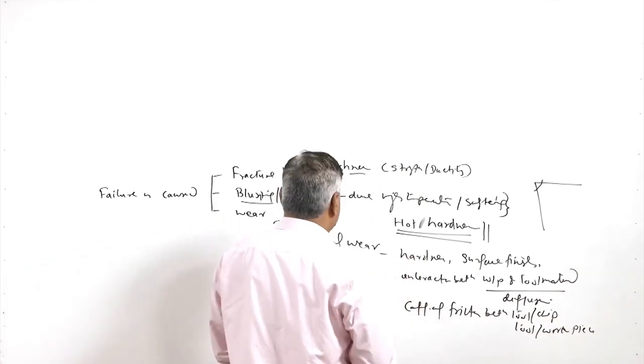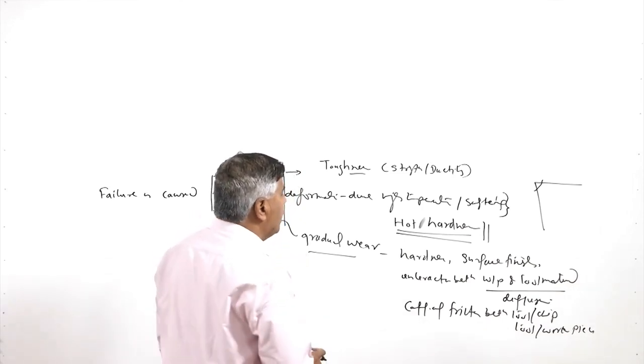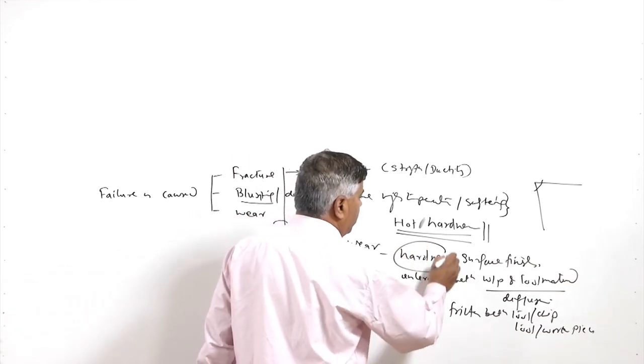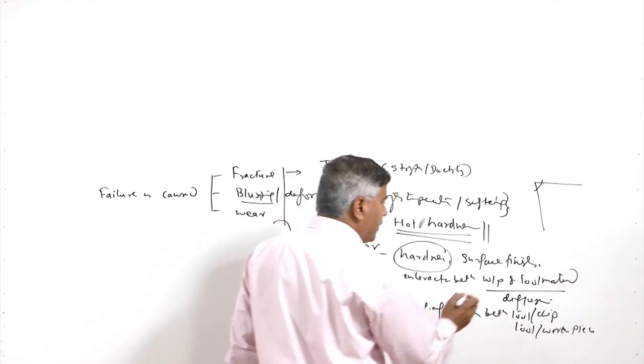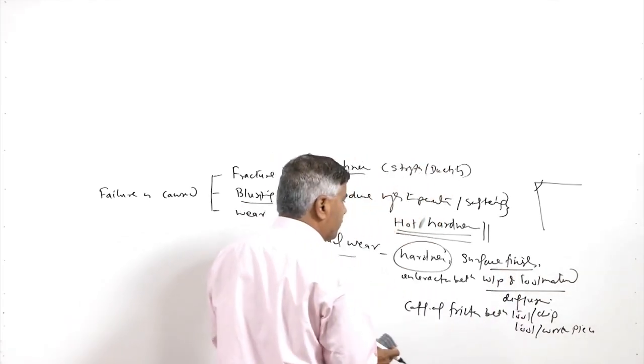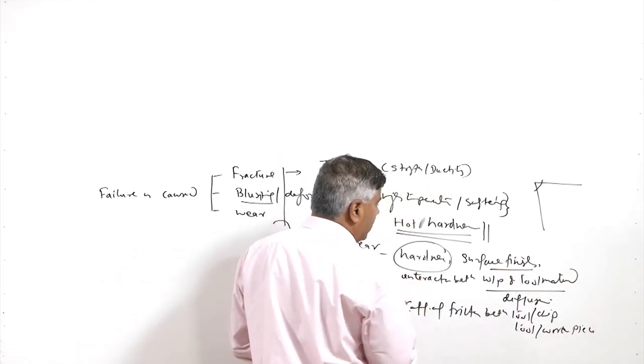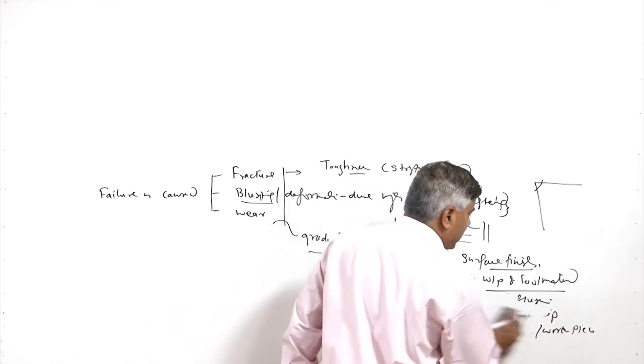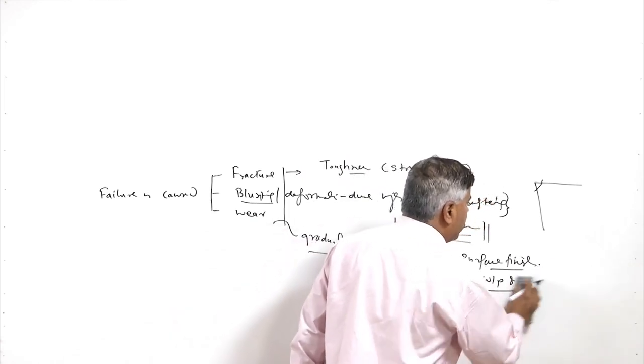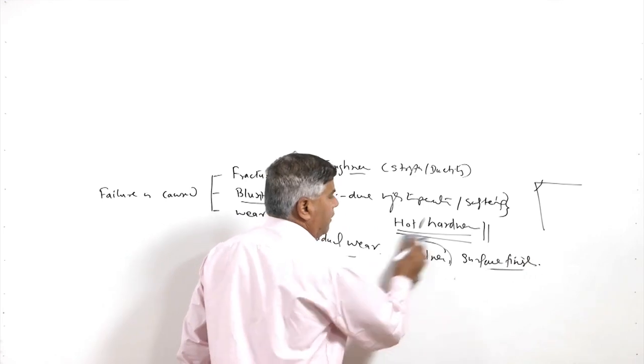So, to have good wear resistance, the primary requirement is that the tool material must be hard enough, and apart from this it should have a good surface finish, and the tool material should not interact with the workpiece material or the chips during machining.